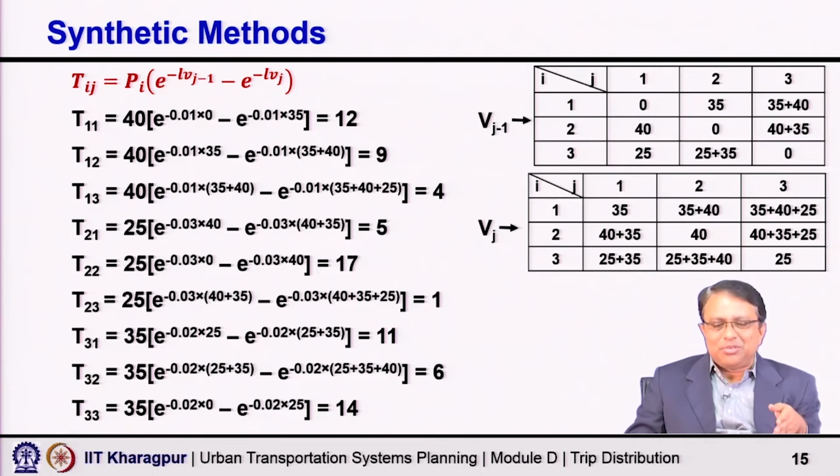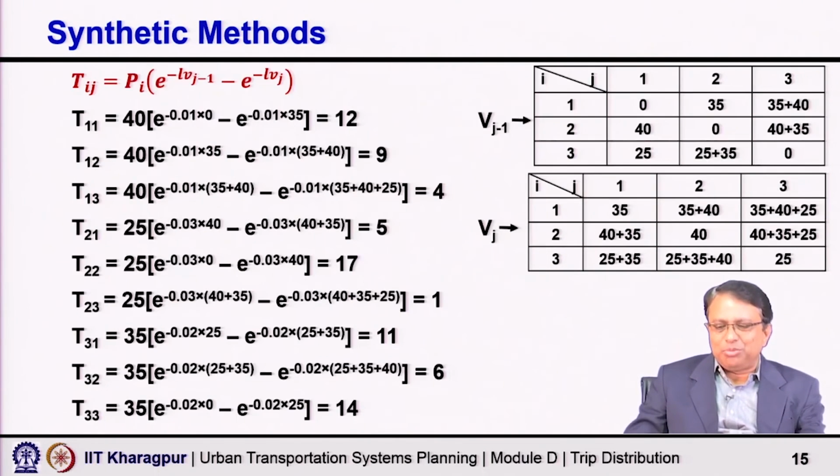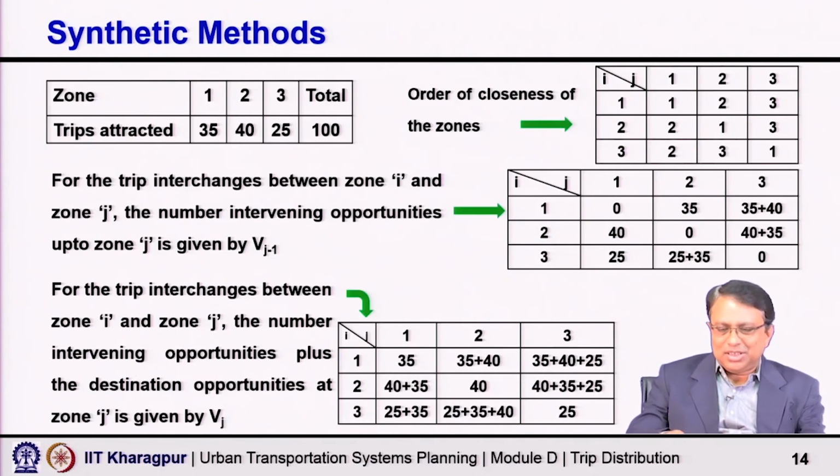And here also I have borrowed from the previous slide these two tables, showing what you need to consider as the opportunities for the various j's: opportunities up to j minus 1 and opportunities up to j, where up to means including j.